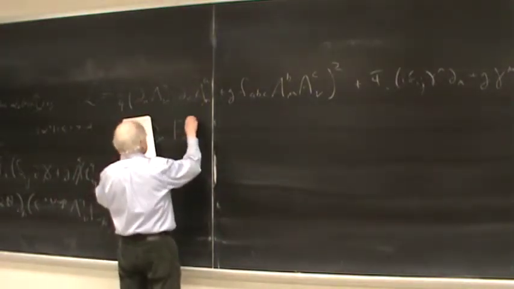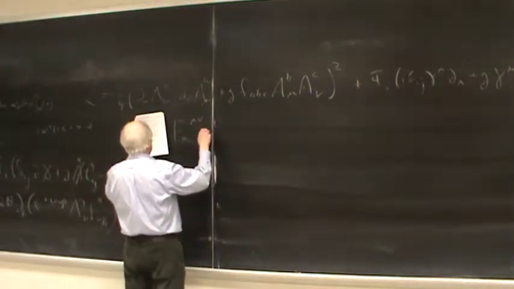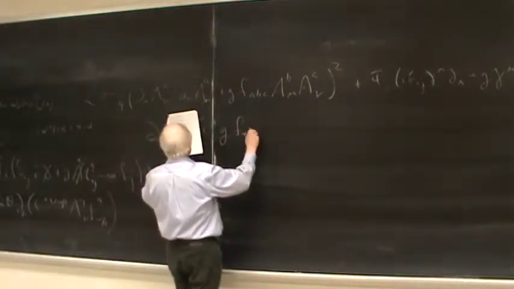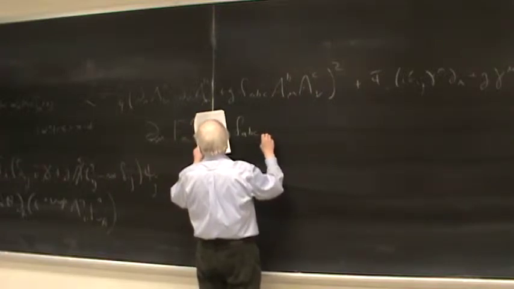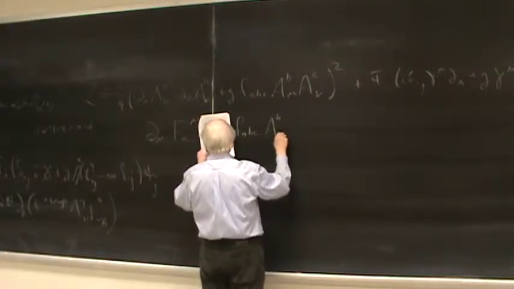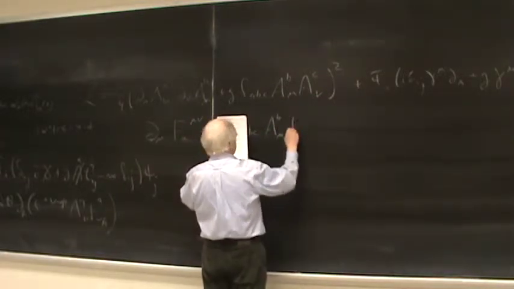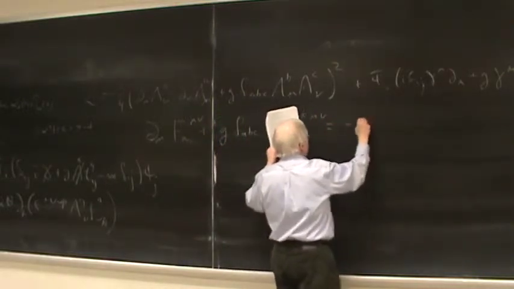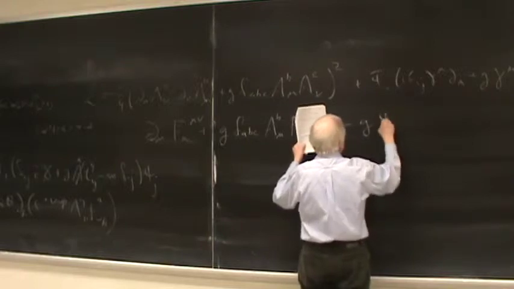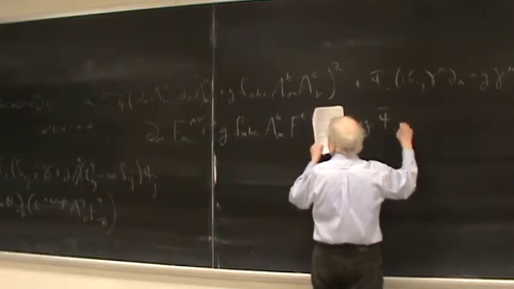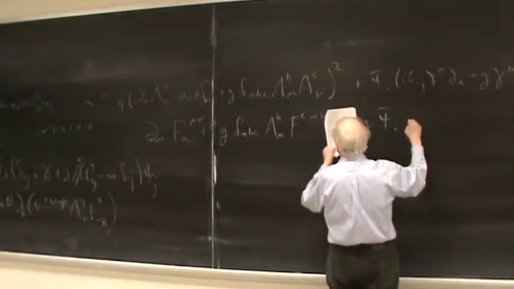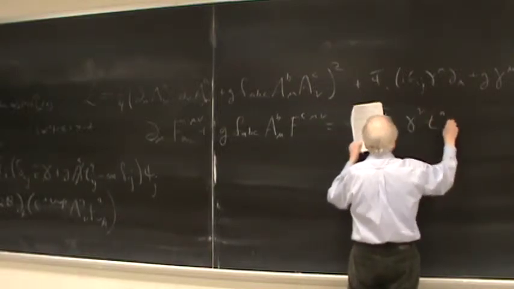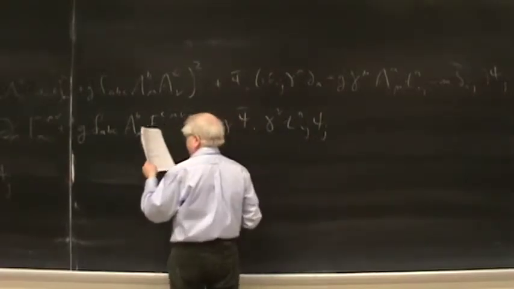So F^a mu nu plus g f^abc A^b mu F^c mu nu is minus g psi bar i gamma nu T^a ij psi j.